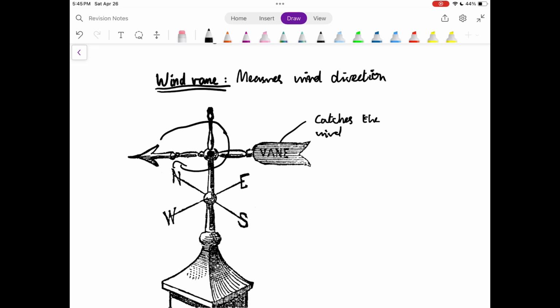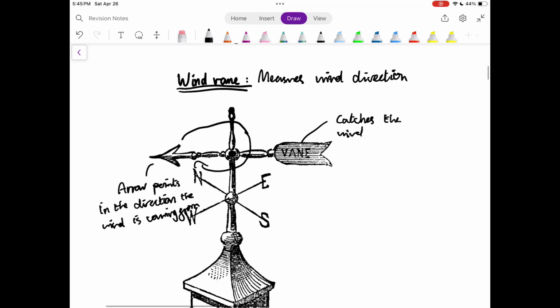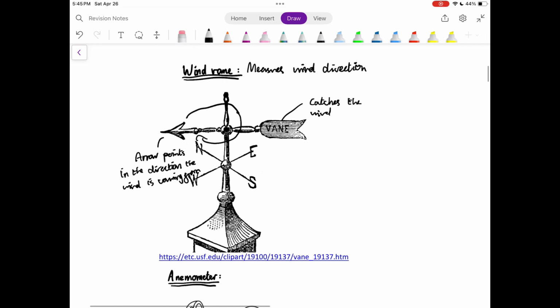Basically the arrow points in the direction the wind is coming from. Okay, so that is how a wind vane works.